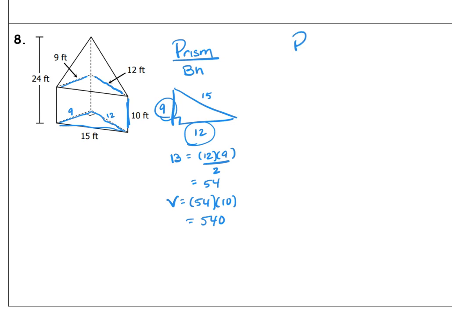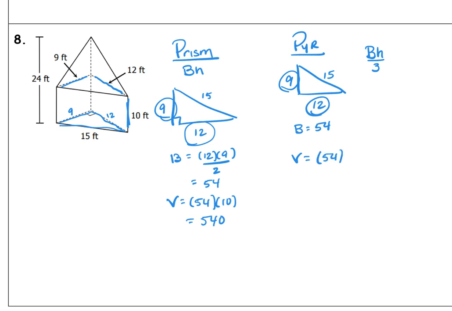If I look at the pyramid, the pyramid has the exact same base. So it's a 9 by 12 by 15. We only care about these two numbers. So area of the base is going to be 12 times 9 divided by 2, which is still 54. And our formula that we just learned today is area of the base times the height divided by 3. So the volume is going to be 54 times your height.